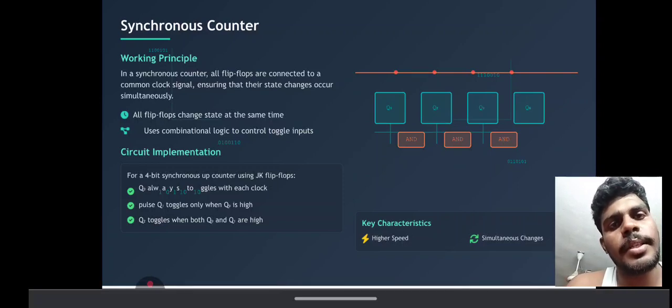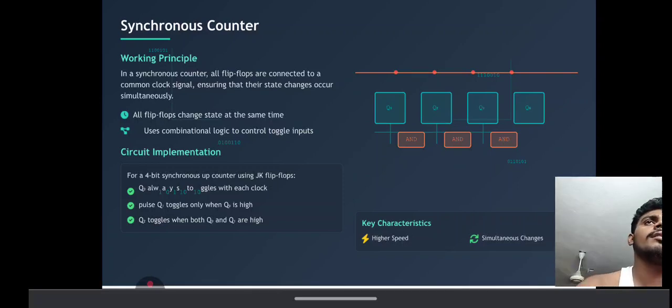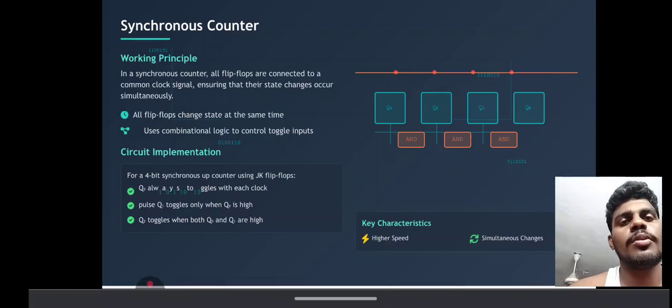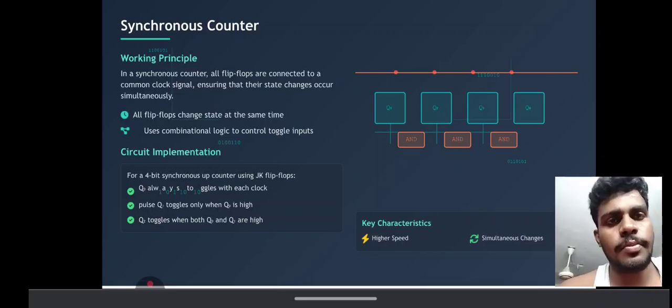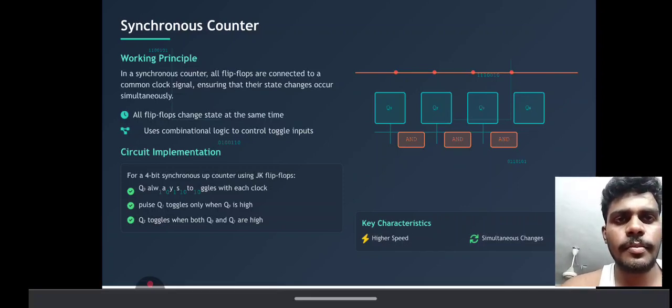Circuit implementation: the number of bits can be 2 bits, 3 bits, or 4 bits. This is a 4-bit synchronous counter using JK flip-flops.